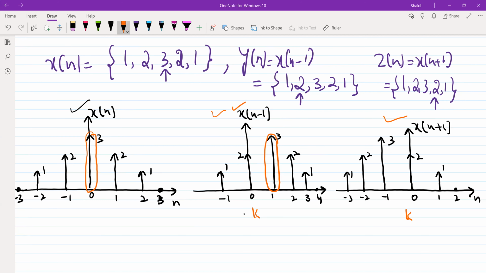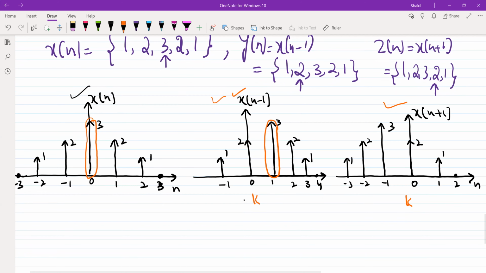So you can pick up from this that this is actually a delayed version of this sequence. So this x of n minus 1 is a delayed version, because the sample point which is at n equal to 0 in this comes at the time when n is equal to 1. So this comes sometime later in time. So this is a time delayed version of this. So when k is positive, this is the time delay operation.